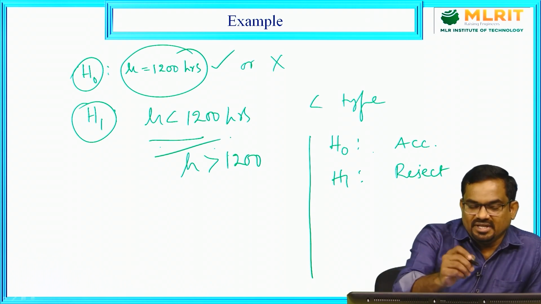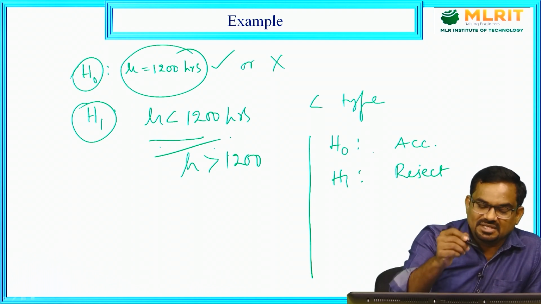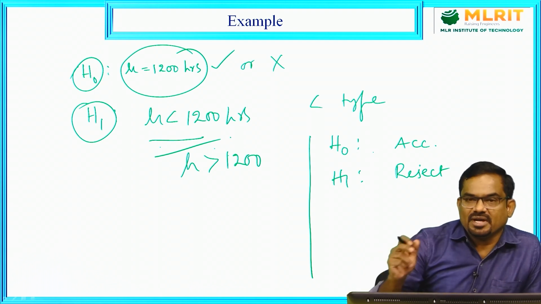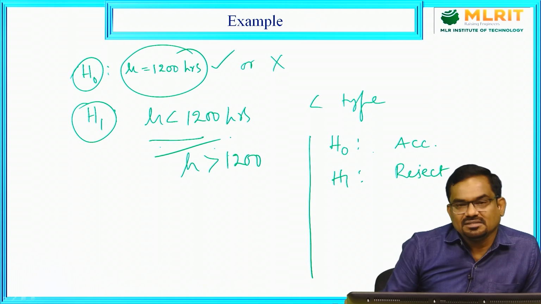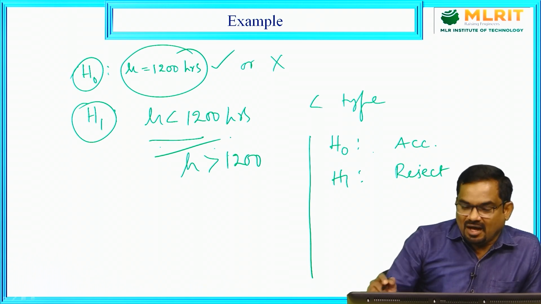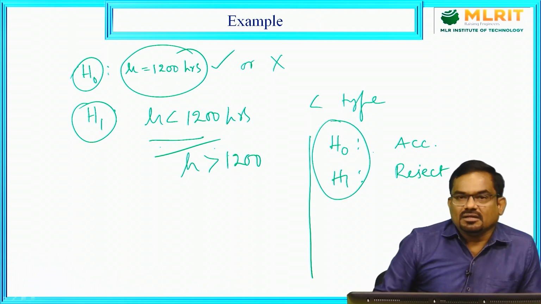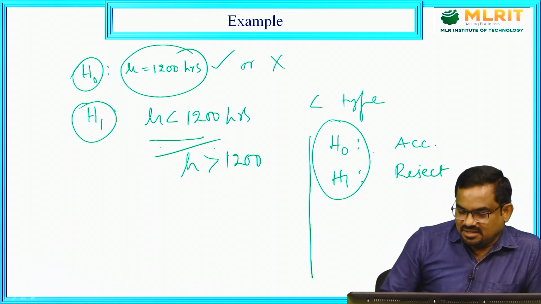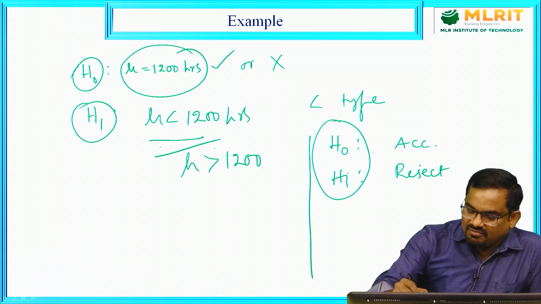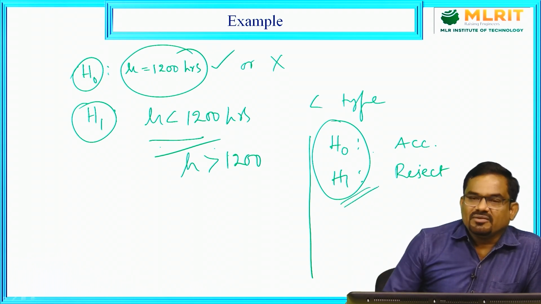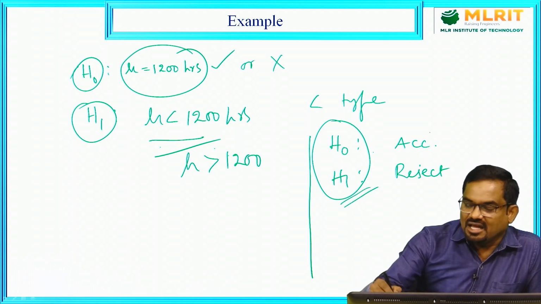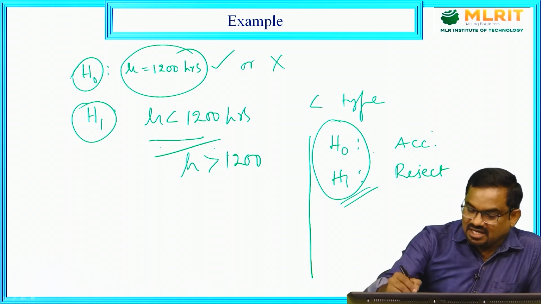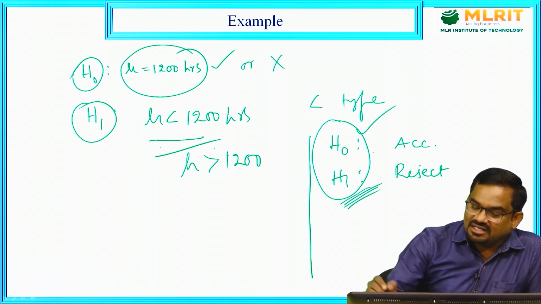So, if the mean lifetime is not 1200 hours, then we have to accept that the mean lifetime is less than 1200 hours, hence the manufacturer's claim is wrong. That is the final decision. So, the null hypothesis and alternative hypothesis are in opposite directions. We always test the null hypothesis against the alternative hypothesis.